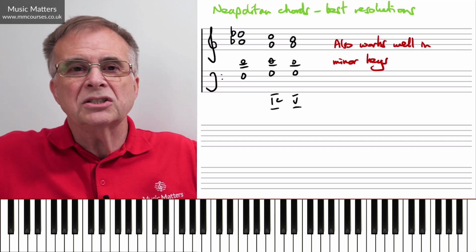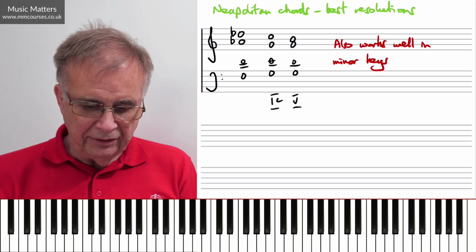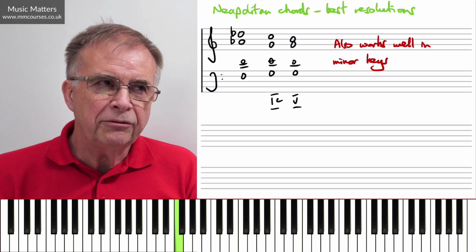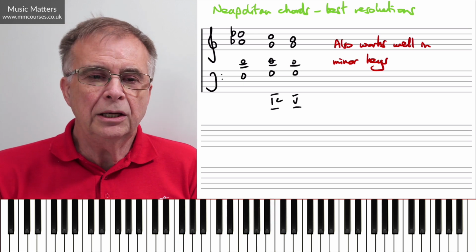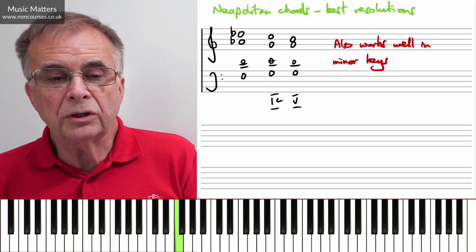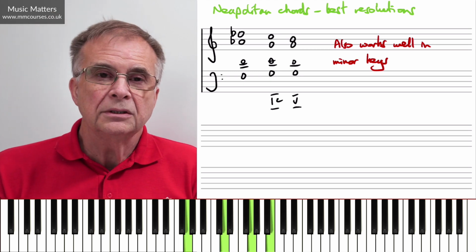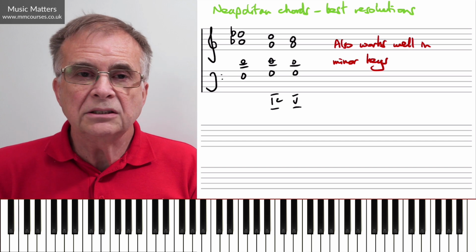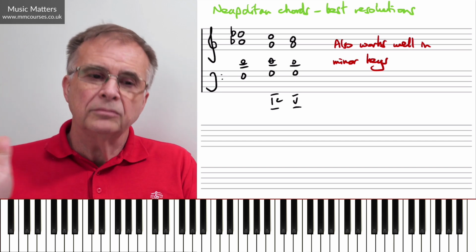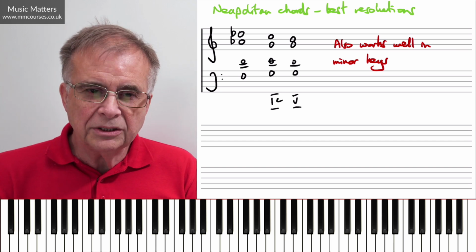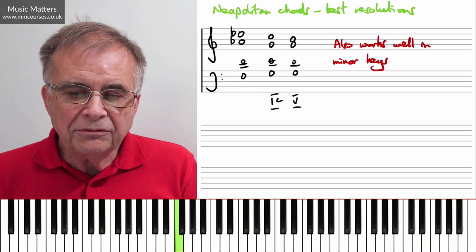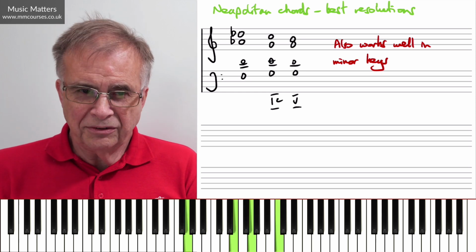So really it's just an embellishment of a 5. If I go Neapolitan, 5, and then I go Neapolitan, double appoggiatura onto 5, you could say that all I've done is go from the Neapolitan to the 5. Or you could say I've gone Neapolitan, chord 1 in second inversion, and then onto 5.